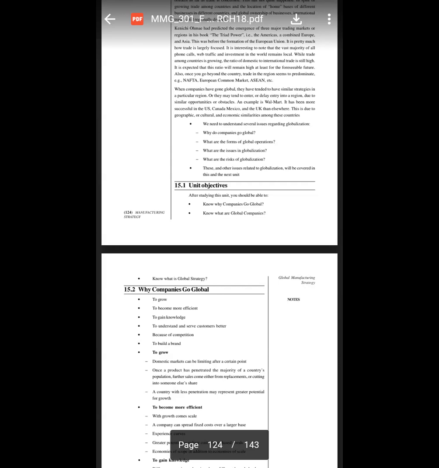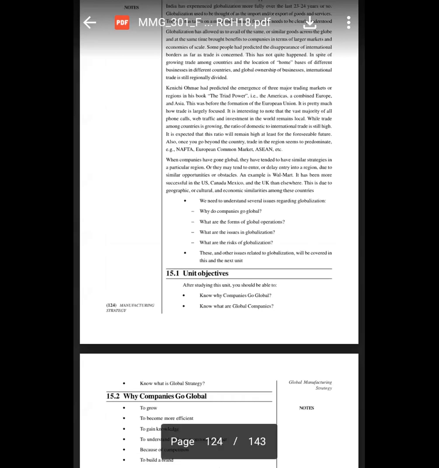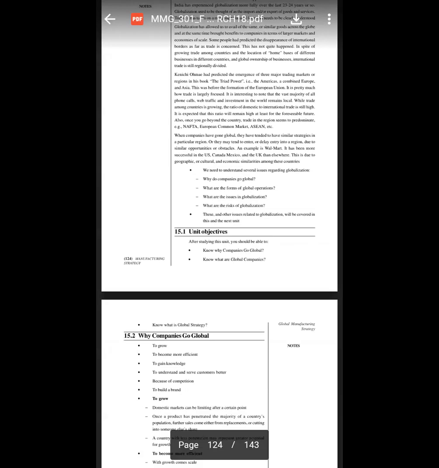Now, in the book they have given some international facts, the ratio about trading activities. For trading activities, there are a few agencies and communities which help increase trading between the Indian economy and other countries, such as NAFTA, the European Common Market, the Asian market.